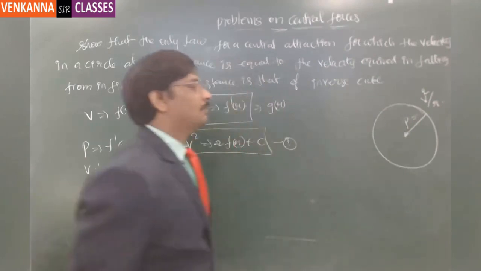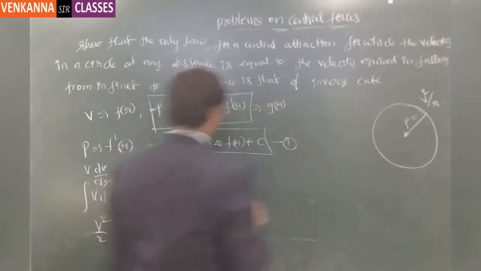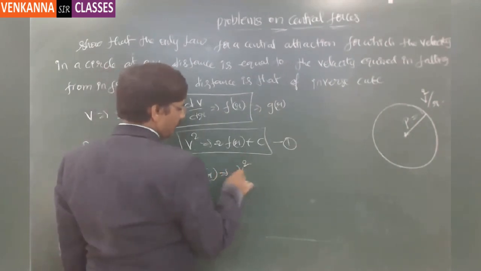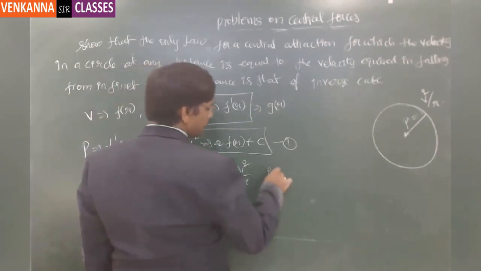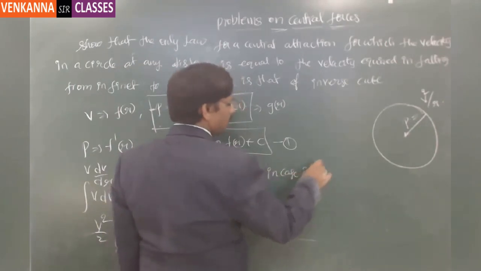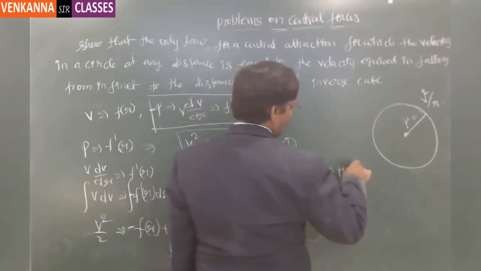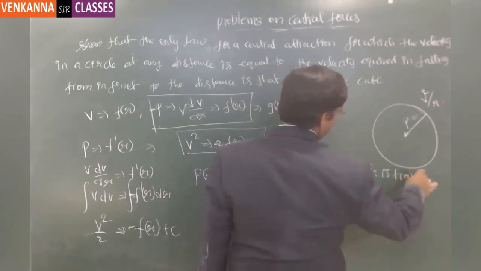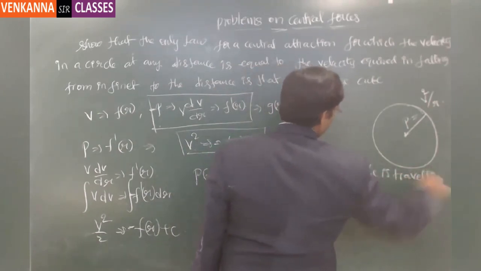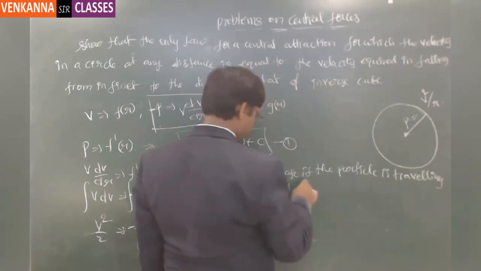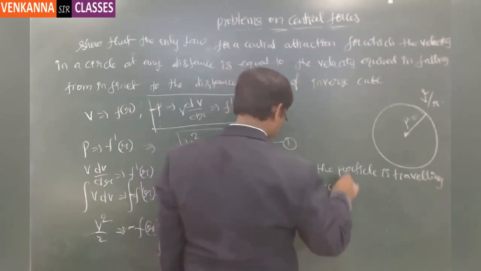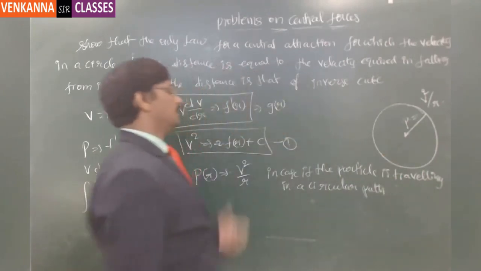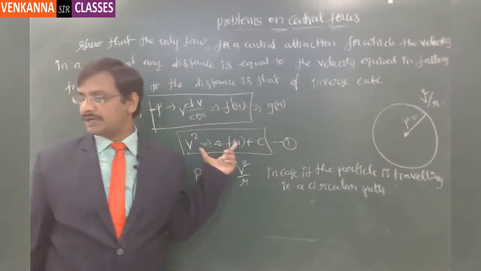So p is equal to v square by r in case the particle is traveling in a circular path. This is when the particle is moving with a radius of r.